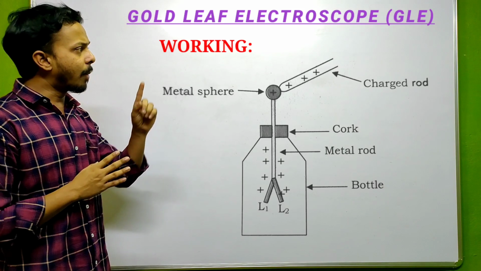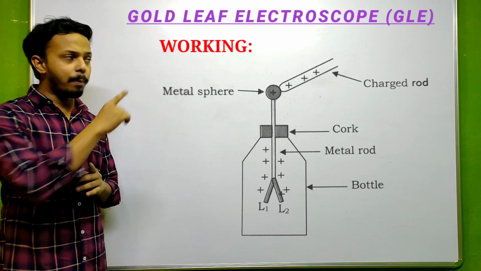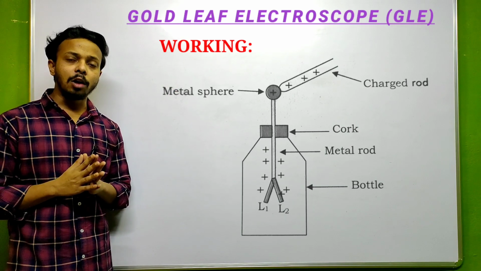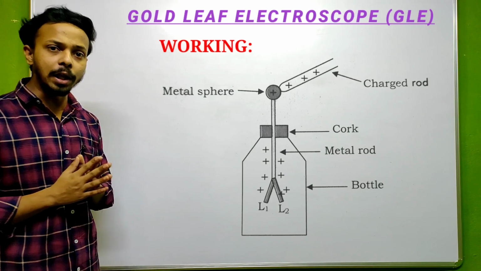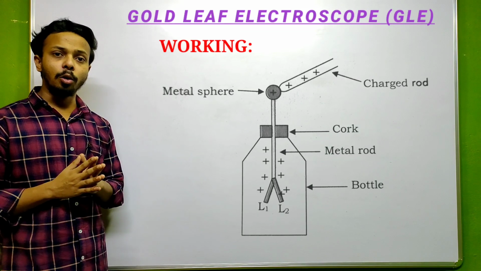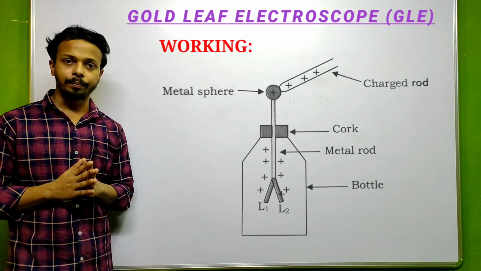When a positively charged glass rod is touched to the upper metallic sphere, the charges from the glass rod are transferred to the metallic sphere and go to the gold leaves L1 and L2 through the metallic rod.